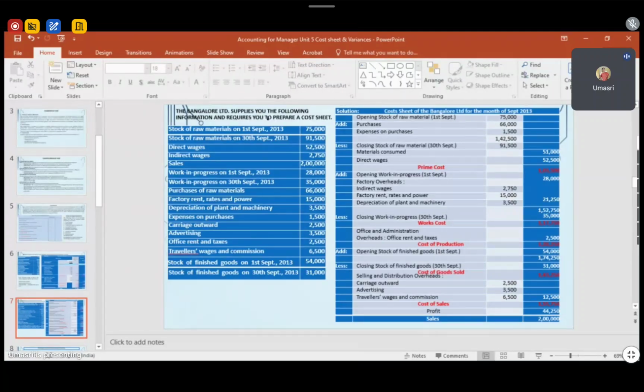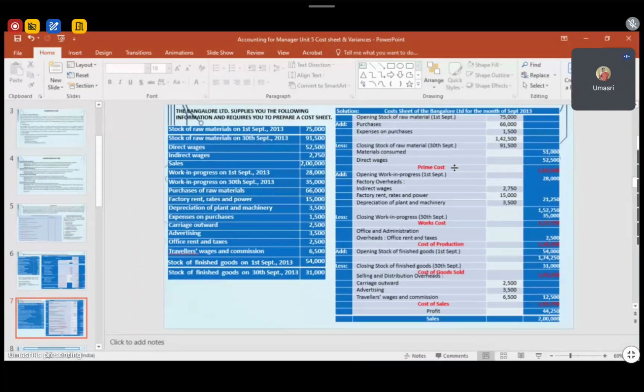Opening stock of raw material plus purchases plus expenditure on purchases, that means carriage inwards, minus closing stock of raw materials, that is called materials consumed or direct material used for production, plus direct wages and direct overheads. If it is not given, you take only these two, that is called prime cost. Prime cost plus factory overheads.